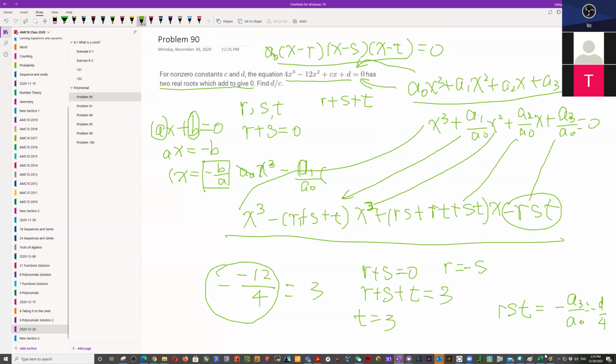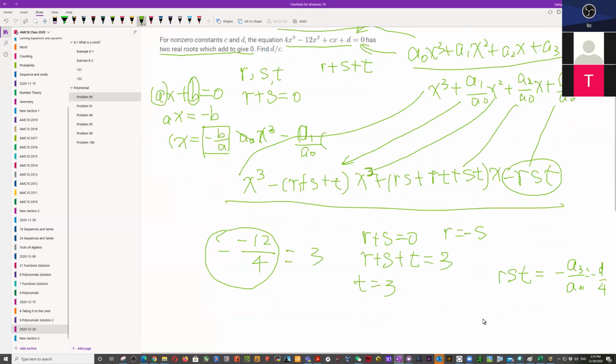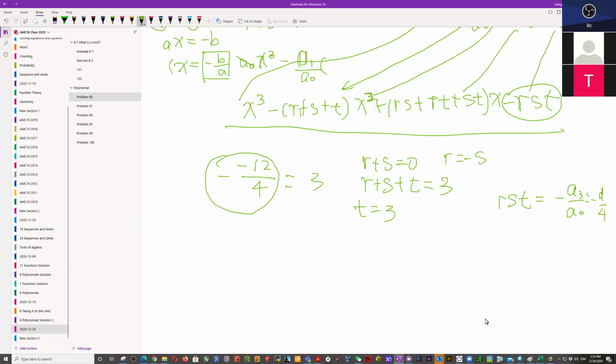So basically RST equals negative D over 4. And then we know that R equals negative S. So negative S multiplied by S multiplied by T equals negative D over 4.